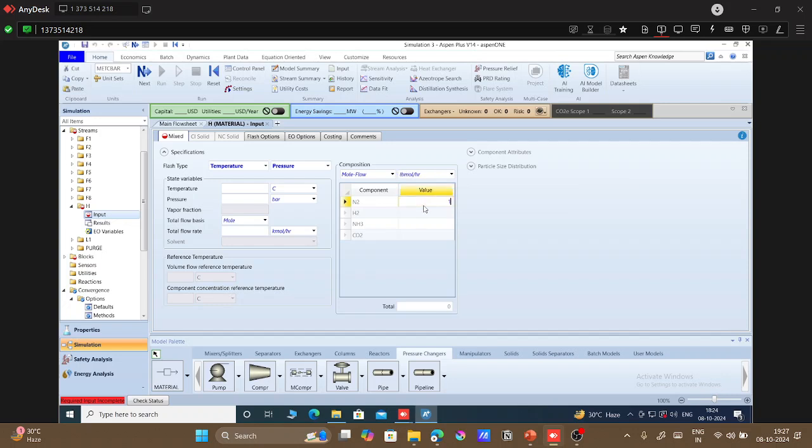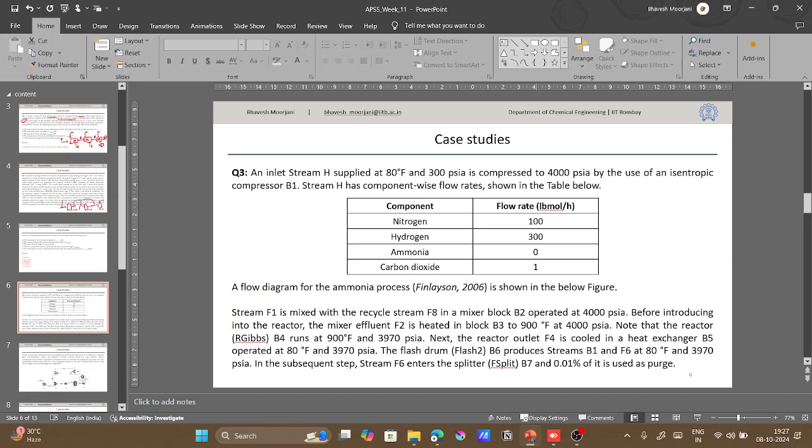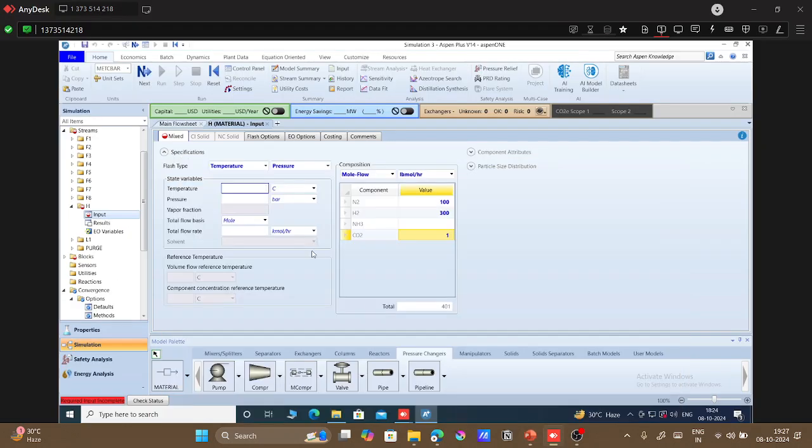We have 100 nitrogen, 300 hydrogen, 1 pound mole per hour CO2, which is coming at 80 degree Fahrenheit and 300 psia.